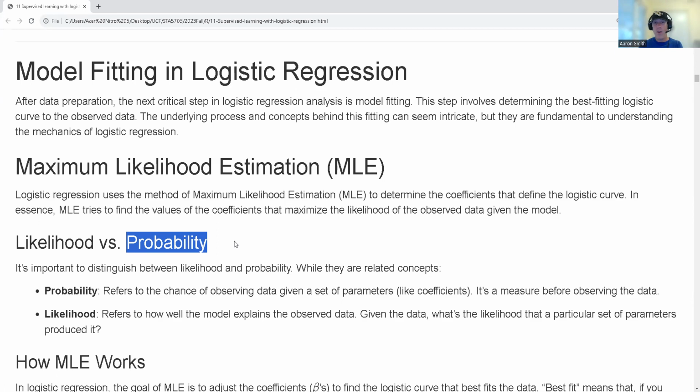Either it's heads or it's tails. There is no randomness, no probability aspect to it. Now, what's the likelihood of a heads? Well, it's going to be 0.5, 50%. So likelihood deals with probabilities before or after the event has occurred, but probability is for random events that have yet to occur.